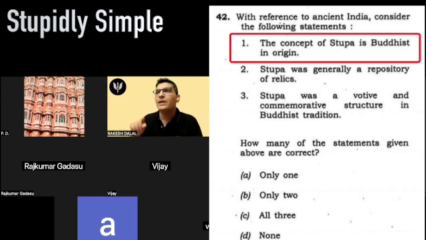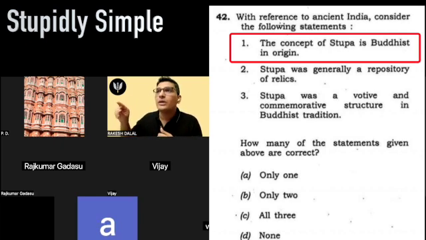And because it is playing on our bias, if this statement were actually true, what is the point of giving this statement? Because every Indian knows this. If this were true, what is the point of giving it? Everybody knows it. Why will UPSC waste a statement like this? They could have given something better in this question.